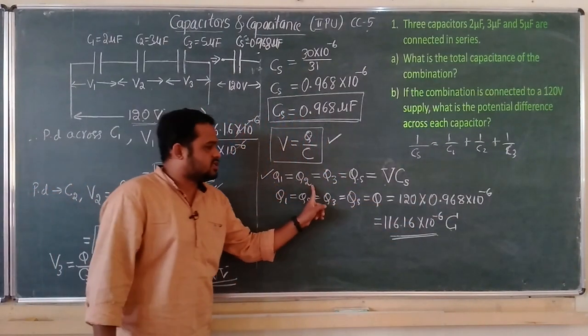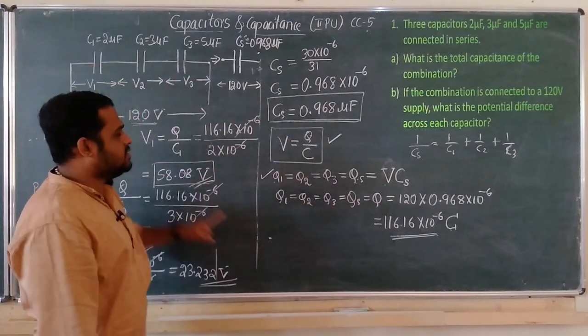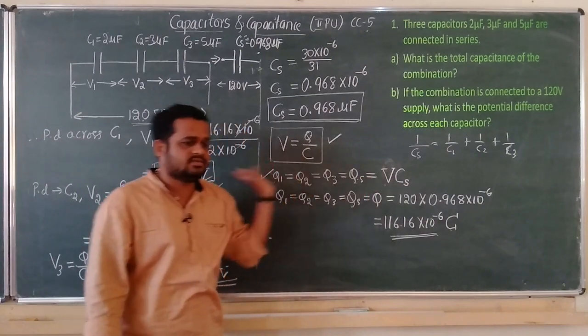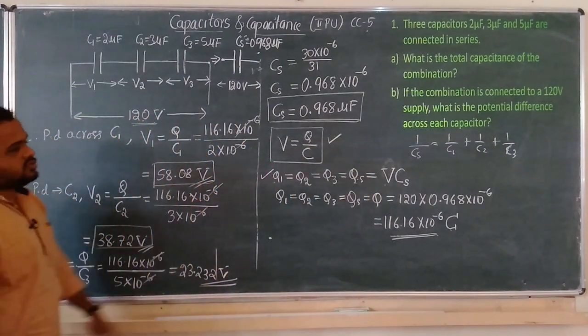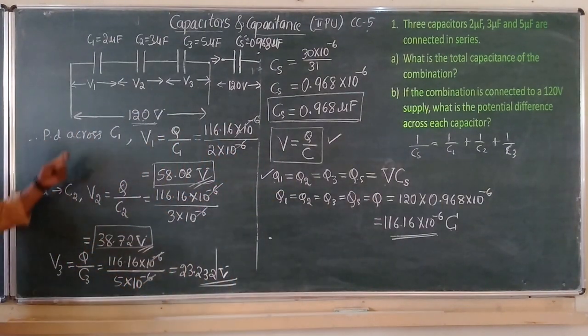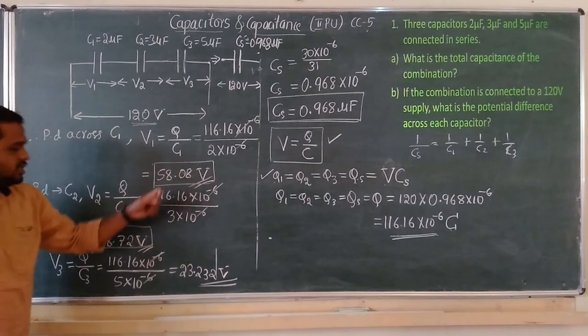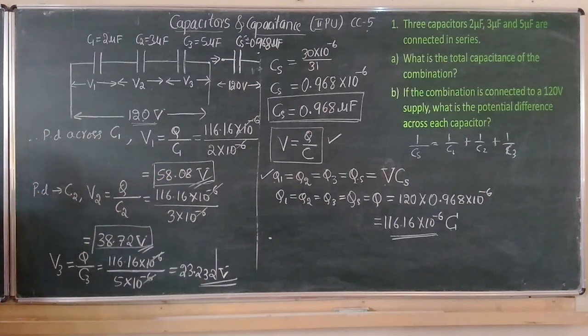First, use the concept that the charge stored in each capacitor is of the same magnitude. Using that, first calculate the amount of charge stored, then charge divided by the capacitance of the capacitor gives you the potential difference across each capacitor. I think it is clear.